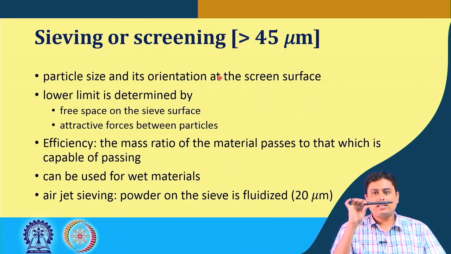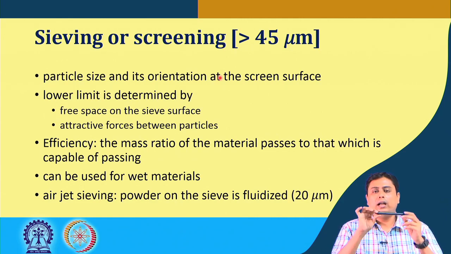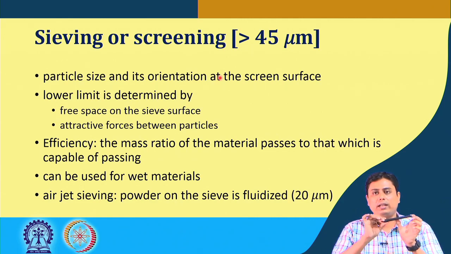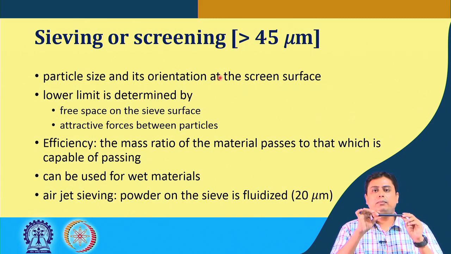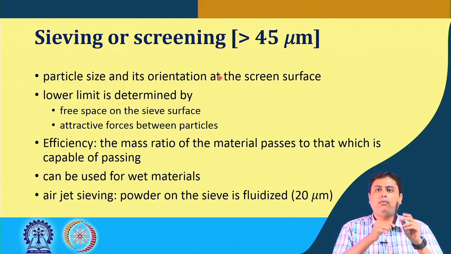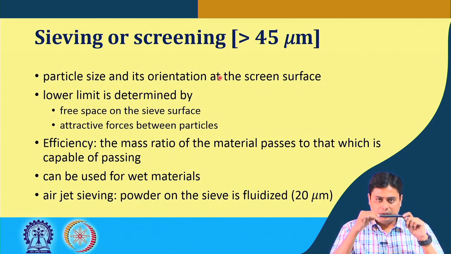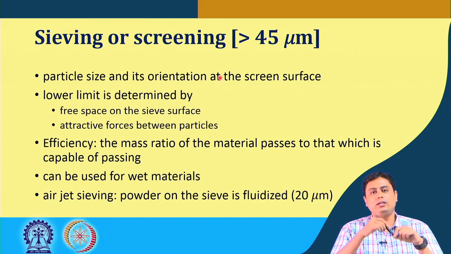If it falls like this on a screen which has a linear dimension of aperture smaller than this one, it will basically be retained on the screen, but if it falls in this direction, in vertical direction, it can easily pass through such an aperture. So, the orientation, how it falls on the screen, actually determines the efficiency of the screening, and definitely the particle size.